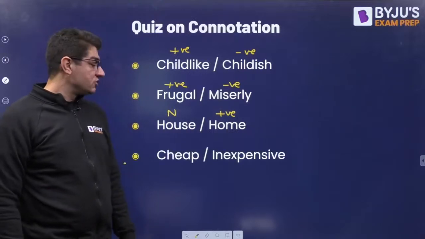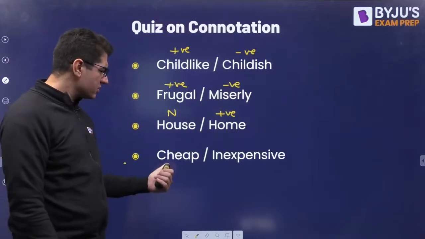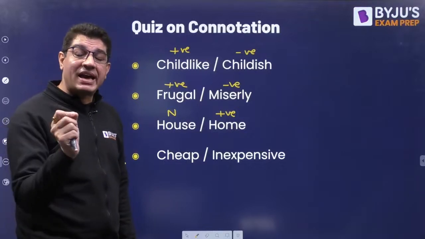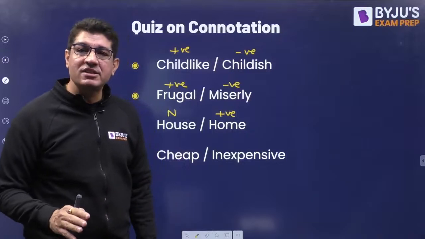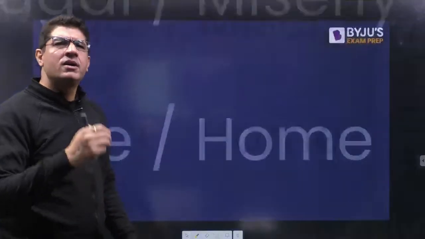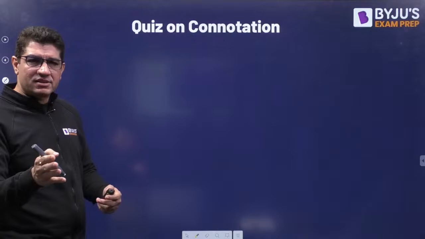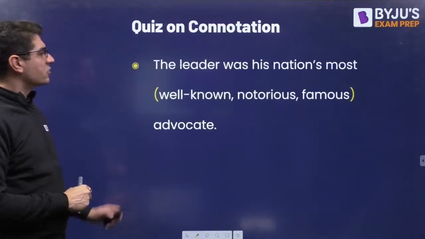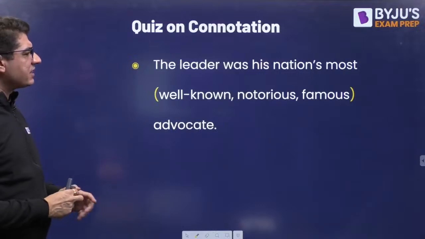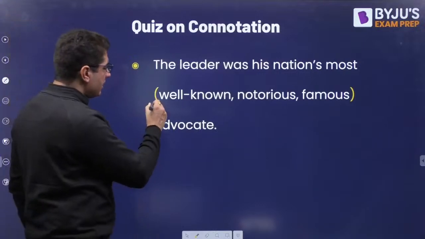And then cheap versus inexpensive. So you notice, cheap can at times carry this negative connotation, whereas inexpensive is always positive. So these are the kind of things that you need to be aware of about the words. So here is just one more sentence for you. Here is a blank.